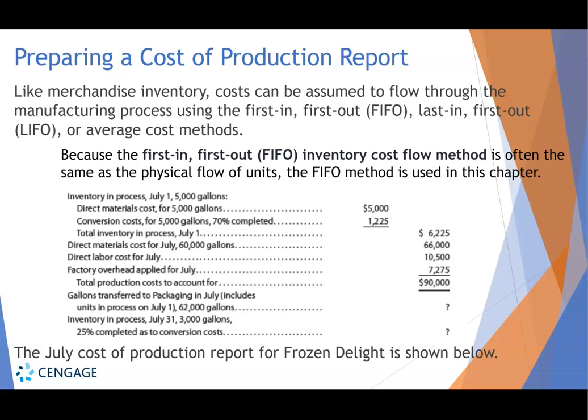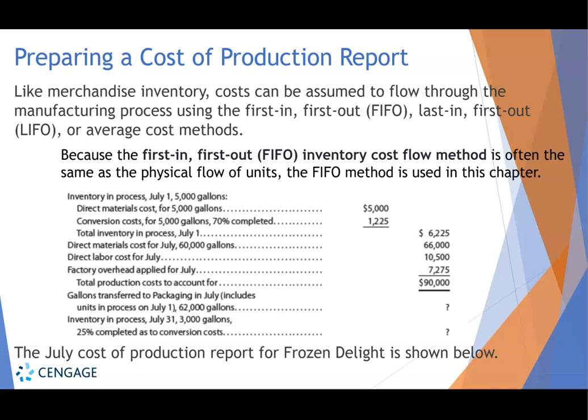So then we show what we started with, the total amount that we started the month with. We then add any direct materials for July and the direct labor and the factory overhead. And so we've got our total production costs.